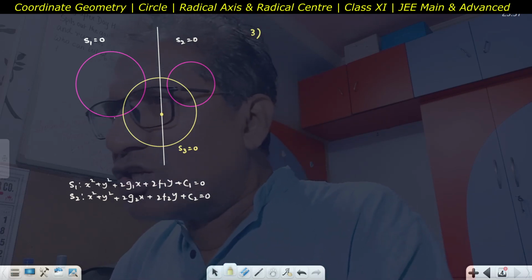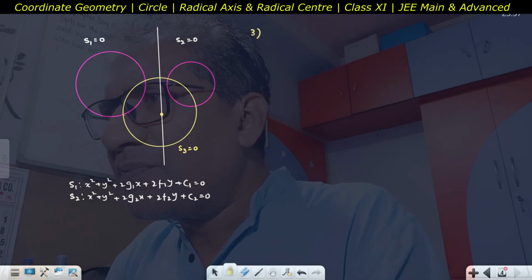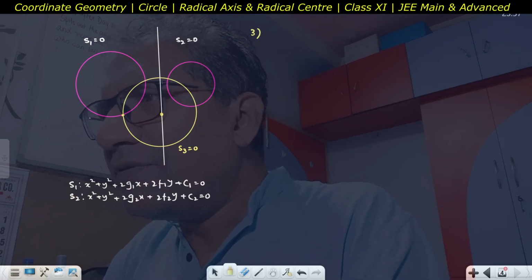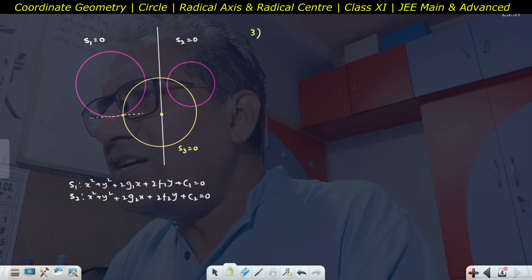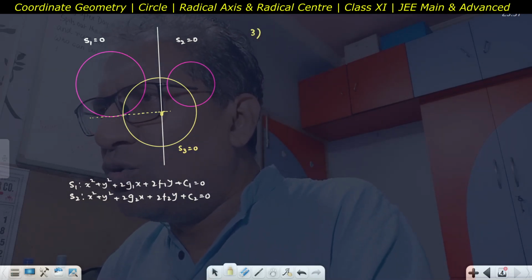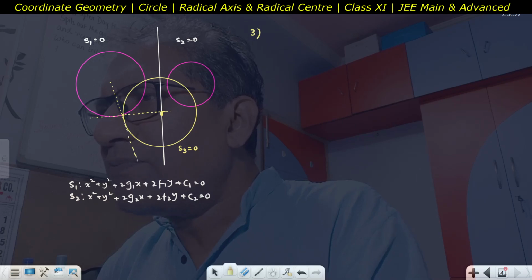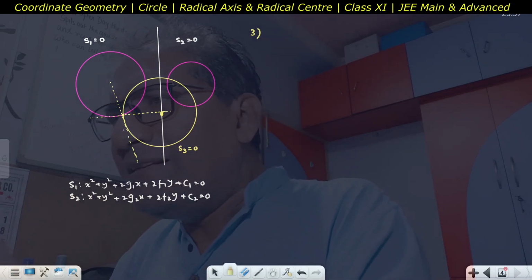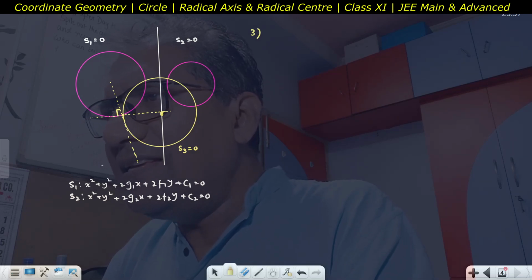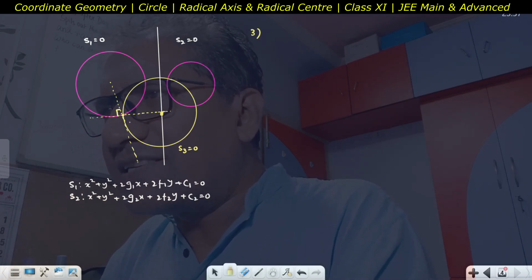Okay? So, if I draw a tangent to S1 at this point, the tangent will look something like this. And if I draw a tangent to S3 at this point, it is going to look something like this. Now, by the problem, this angle is 90 degrees, because these two circles intersect each other orthogonally.